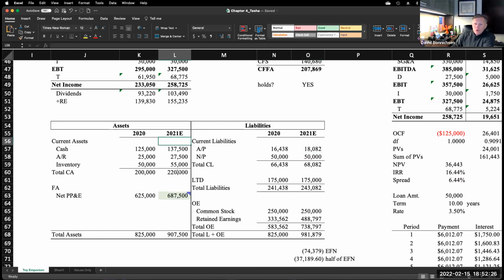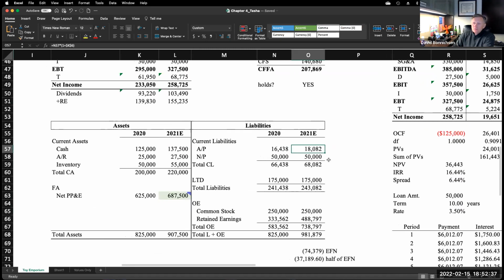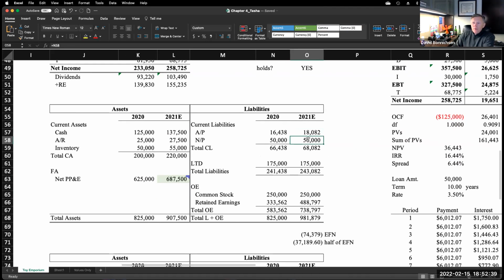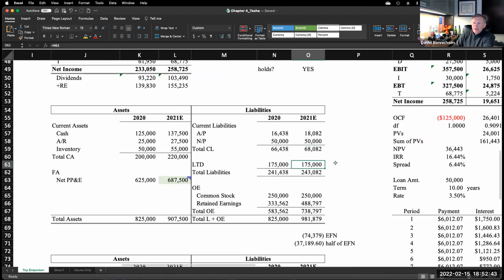Everything on the asset side varies with sales. AP on the right-hand side varies with sales, but we kept notes payable flat. We kept long-term debt flat because those are management choices, right?